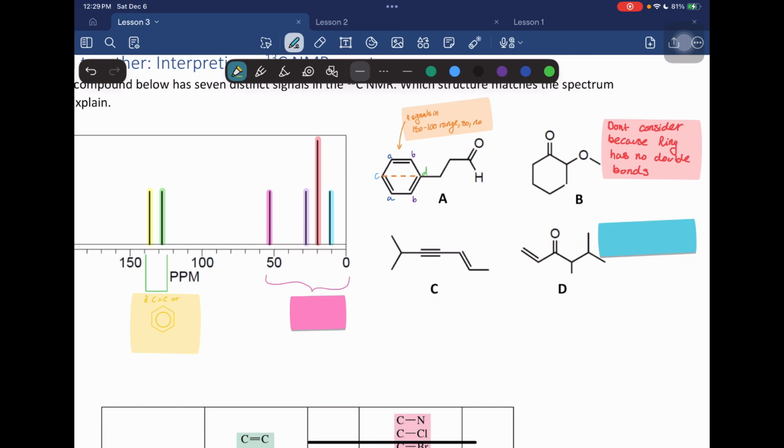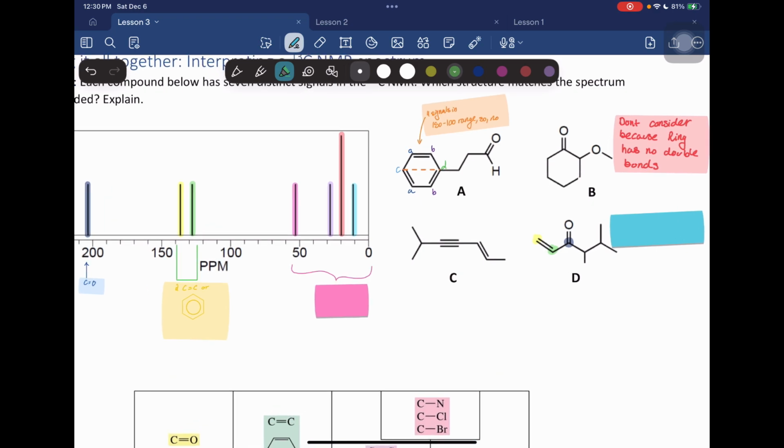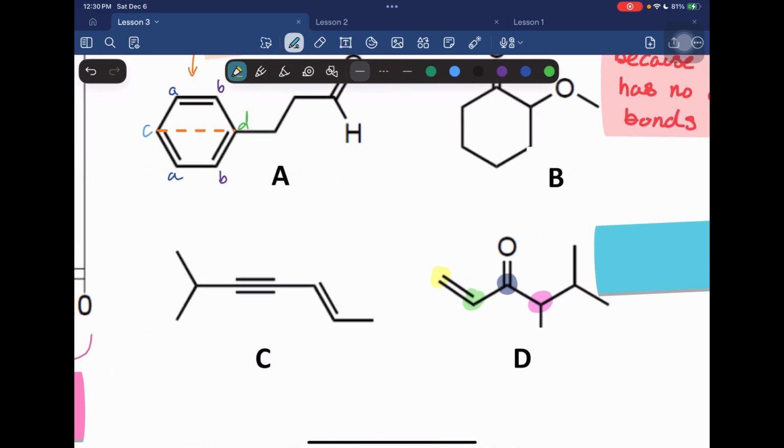So we can color that, let's label, right? So our dark blue is going to be our CO, our yellow or green next is going to be this one right here, right? So our CH, let's start putting in the H's.